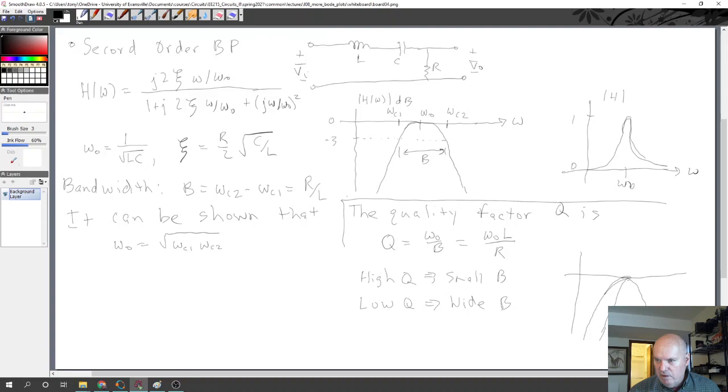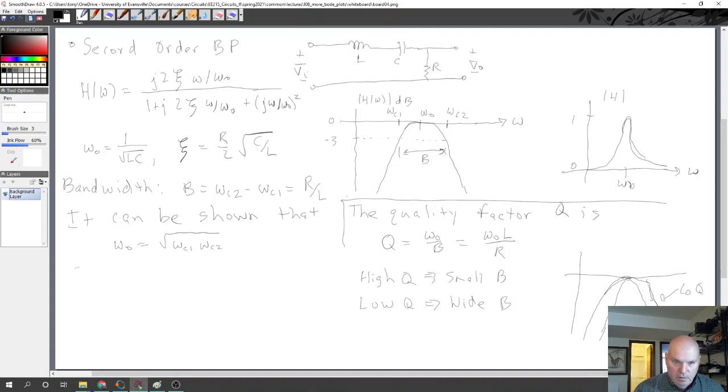It's going to eventually have the same roll off, but high Q means small bandwidth, and this is a low Q, the one with the wider bandwidth.